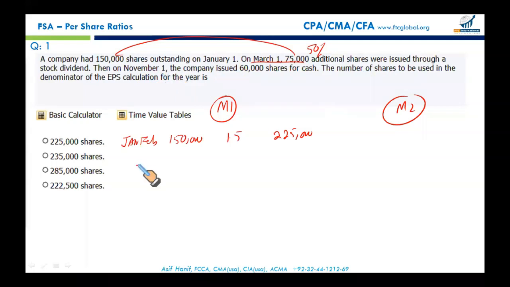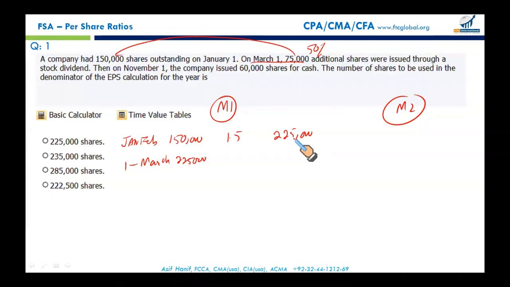From 1st of March, when the actual stock dividend is given, the number of shares will now increase from 150 plus 75 to 225. I told you in our overview class, in this column you will have the actual number of shares, and in the last column you will have the weighted average number of shares.